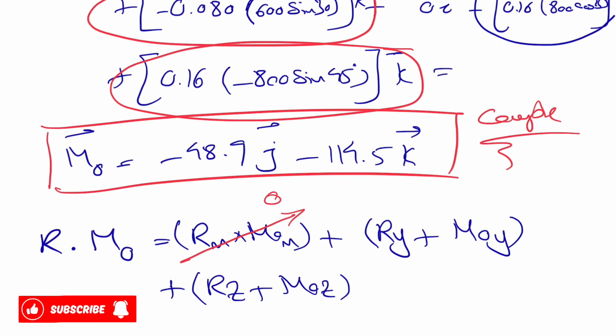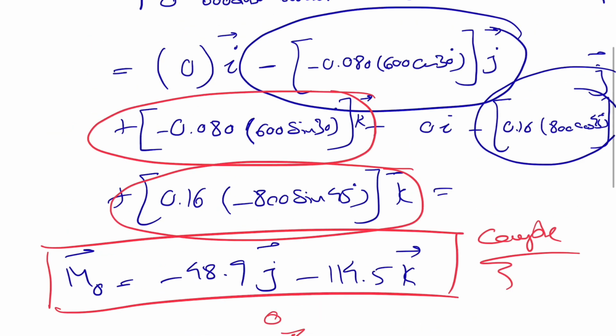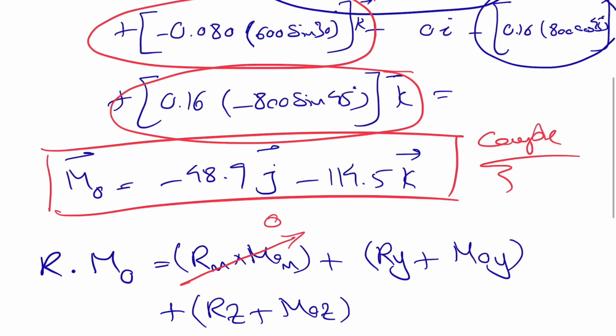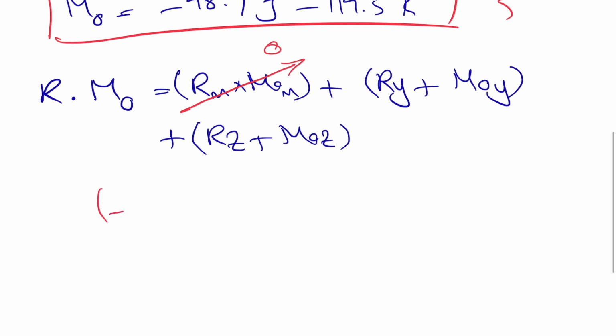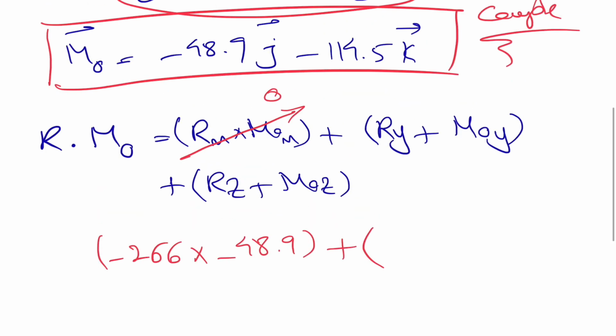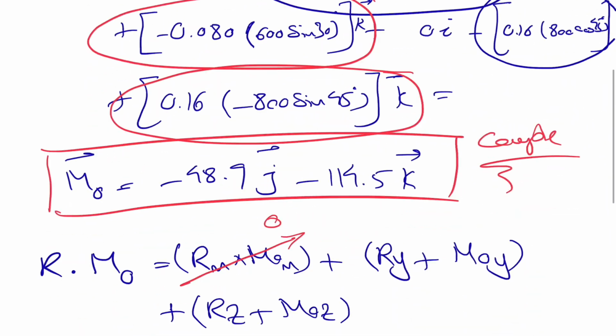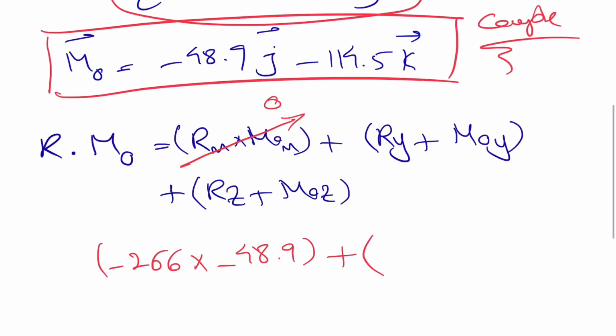We know that there is no X component for R and MO, so we know each of them has only Y and Z components. And if we do that for the Y component, we have minus 266 times minus 48.9, plus for the Z component we have 1085 times minus 114.5.